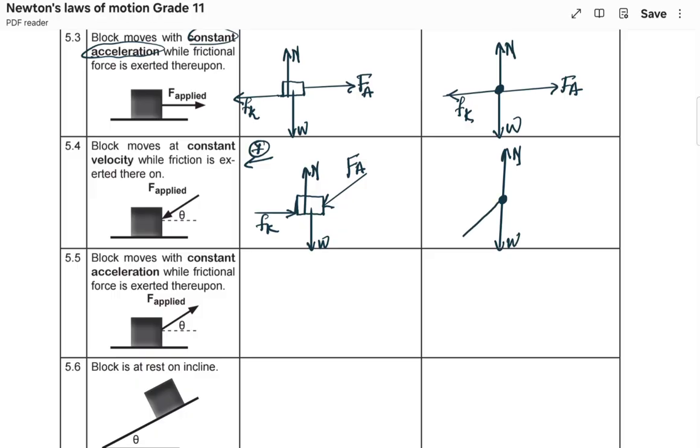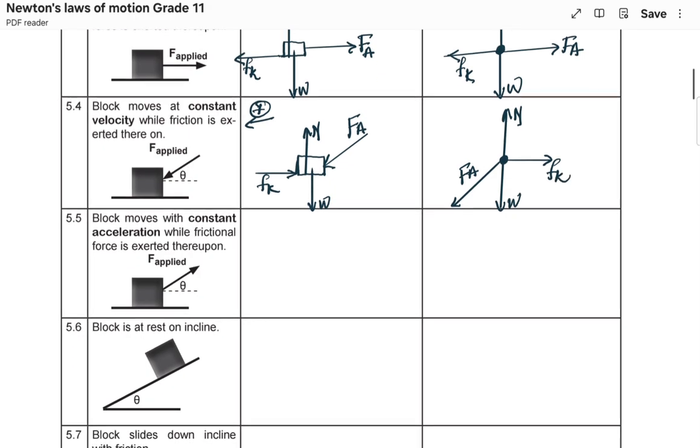So the force applied must be away. So the frictional force must be in the opposite direction of that. Okay, then now constant acceleration. So I'm having the box here.